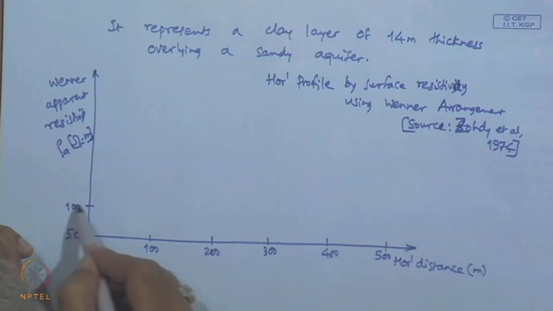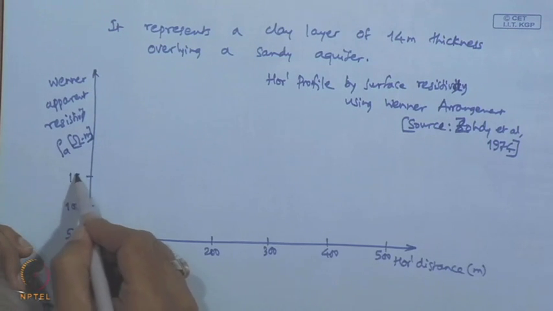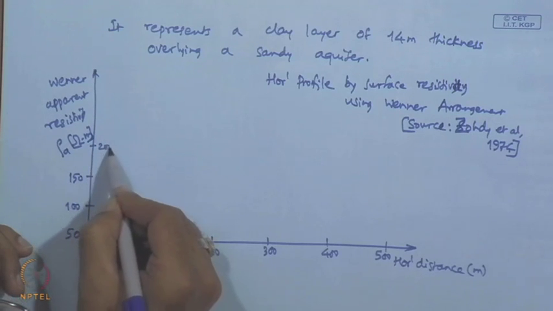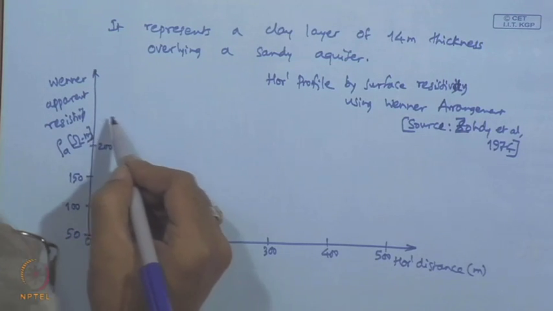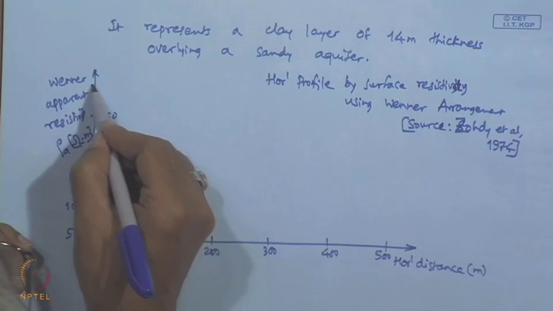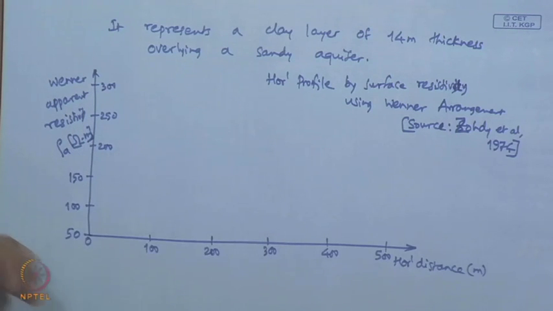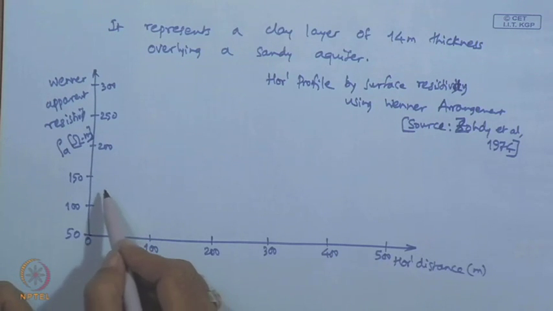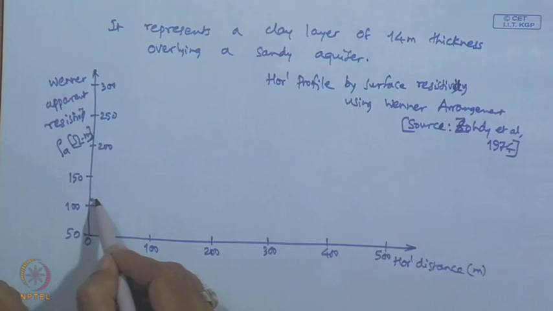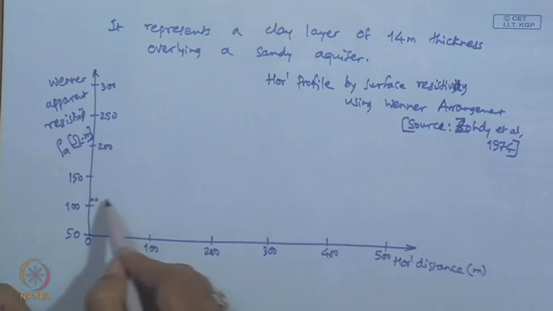So, 50, 100, 150, 200, 250 and 300. In this case, based on the electrical resistivity values, we can identify the strata. Suppose it is a gravelly clay.